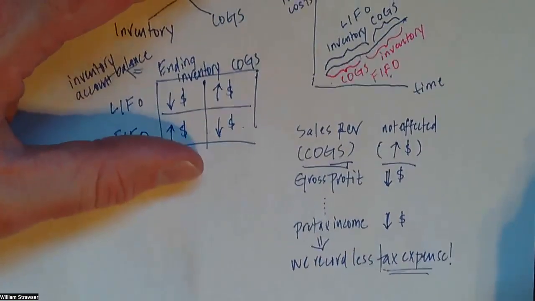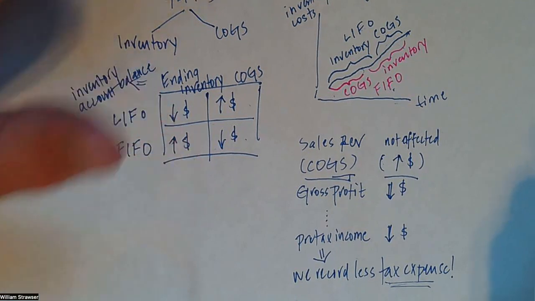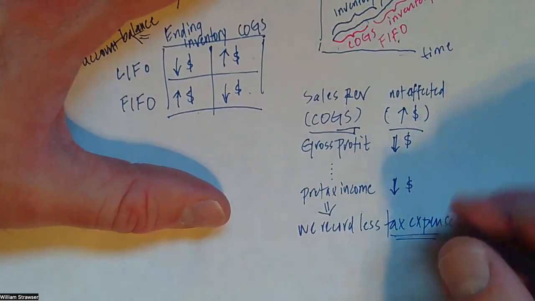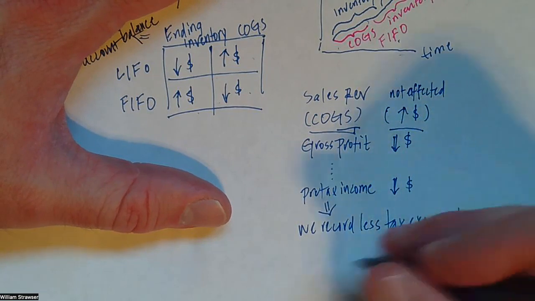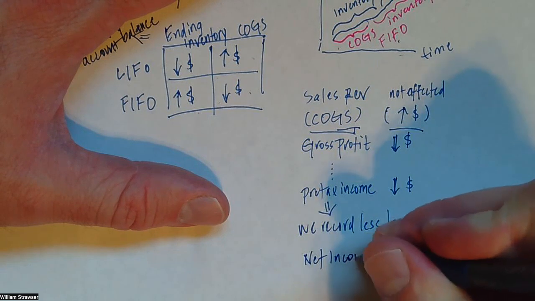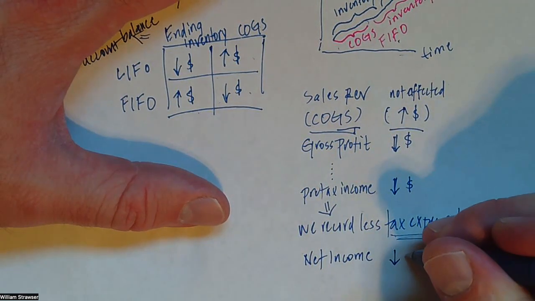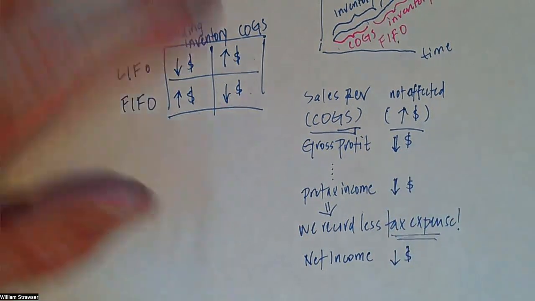Right? We do not have to pay as much tax expense. Now, it does come at the cost of the fact that not only will our pre-tax income be down, yes, we'll record less tax expense, but ultimately our net income will still be at a lesser dollar value.